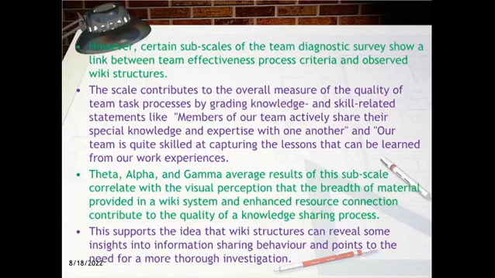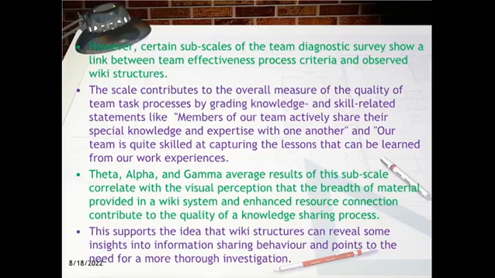The scale contributes to the overall measure of the quality of team task processes by grading knowledge and skill-related statements like "members of our team actively share their special knowledge and expertise with one another," and "our team is quite skilled at capturing the lessons that can be learned from our work experiences."